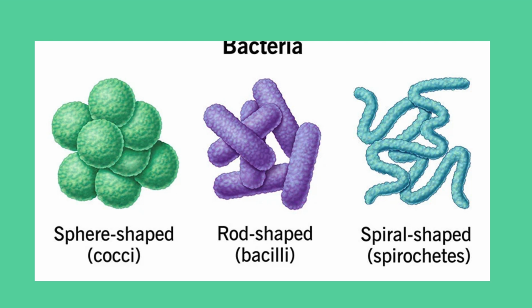Bacilli are rod-shaped bacteria. Like cocci, bacilli can be solitary or arranged together. Diplobacilli are two bacilli arranged next to each other, and streptobacilli are chains of bacilli. Spiral bacteria are, as the name suggests, spiral-shaped.